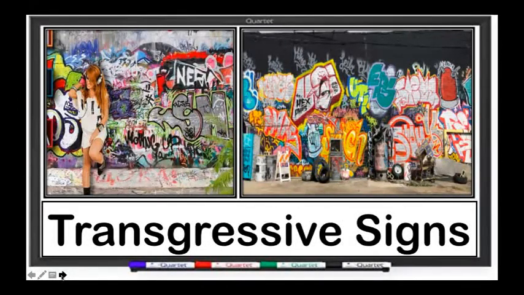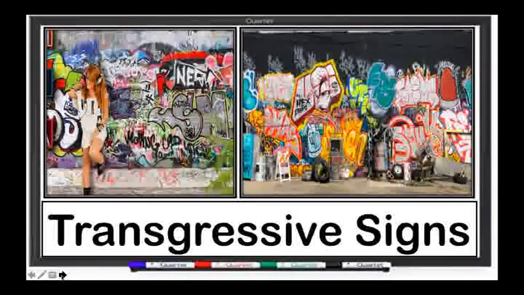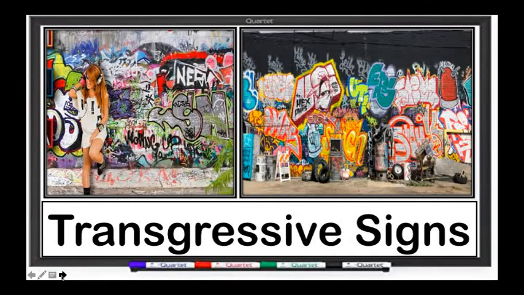And one good example of these transgressive signs is vandalism. Vandalism does not require any authority for you to create the vandalism or to create that sign. Therefore, they consider transgressive signs as illegal.